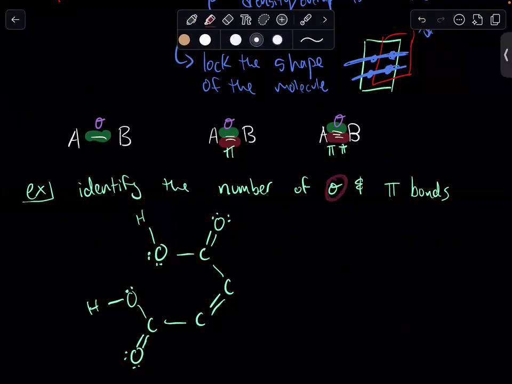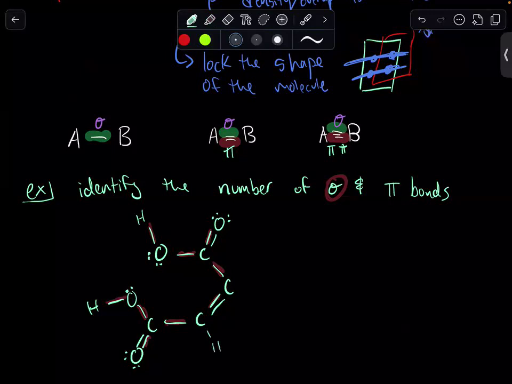So for sigma bonds, every bond has one sigma bond. So all I have to do is count the total number of bonds, counting double as one as well. Something to note here actually is I missed a couple hydrogens. So if you are figuring this out or you're like, hey, I already noticed this doesn't work, that's why.